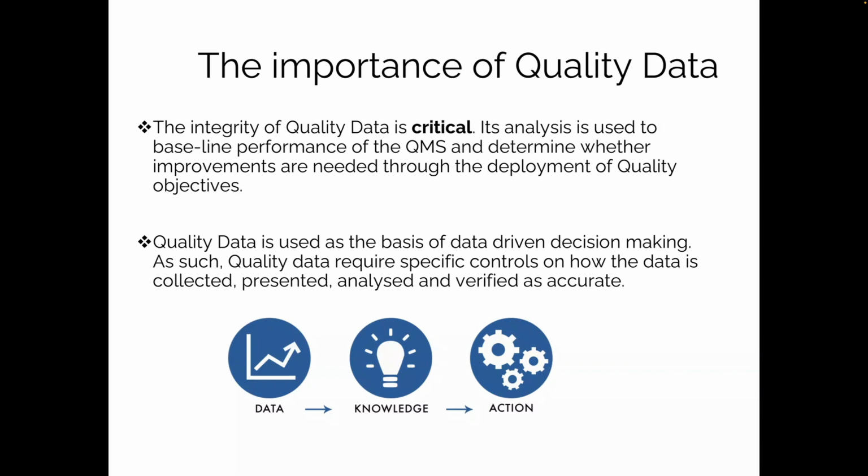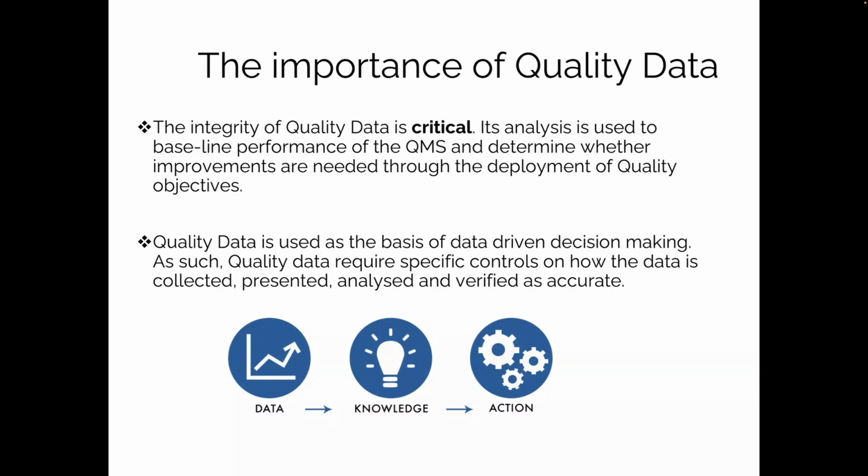So in terms of generation of data for quality system management review, you need to make sure the integrity of the data is cross-checked: is it complete, and we'll come on to is it verified, and is it accurate. Because using that data on its own is pretty useless.